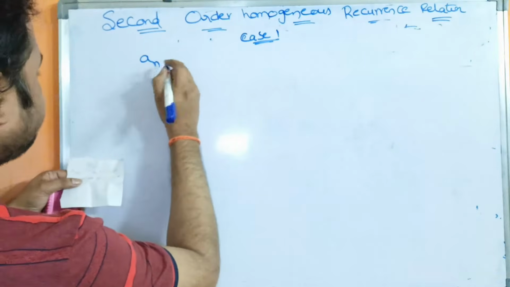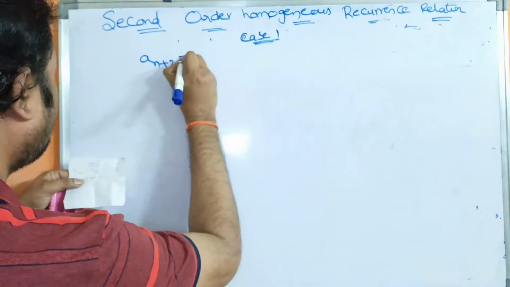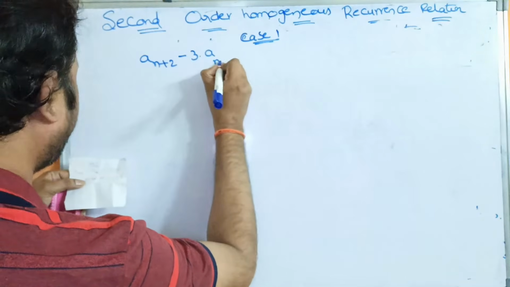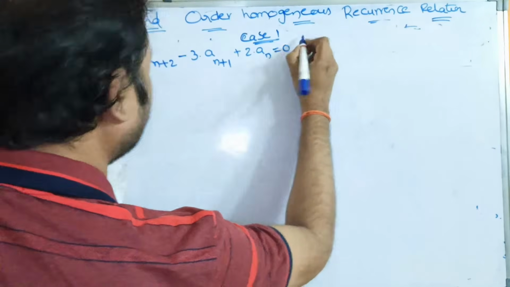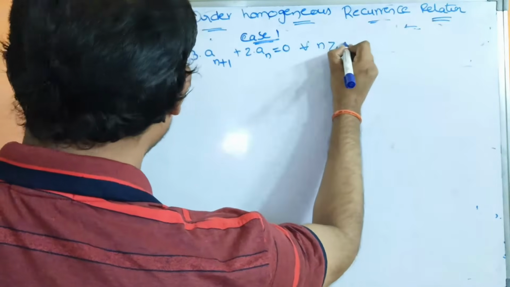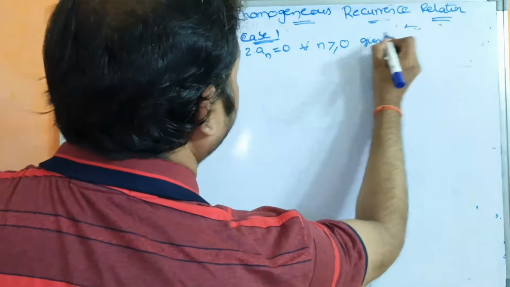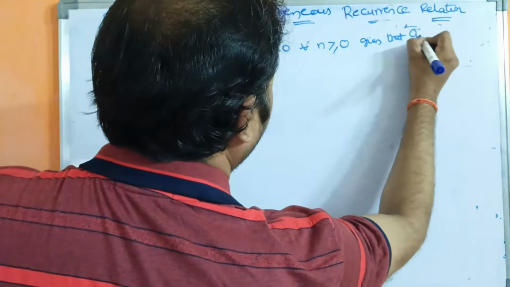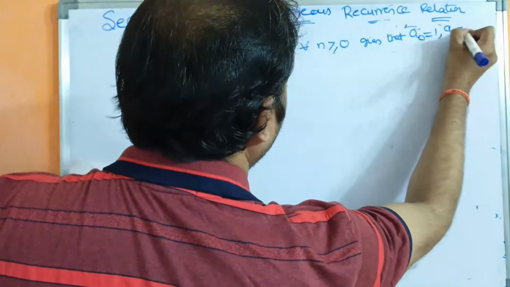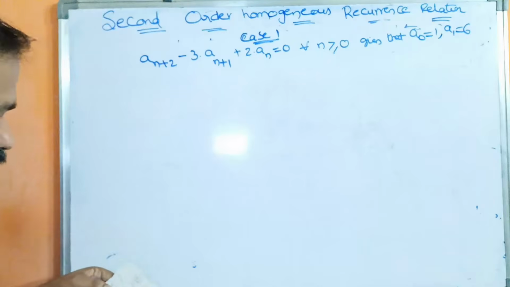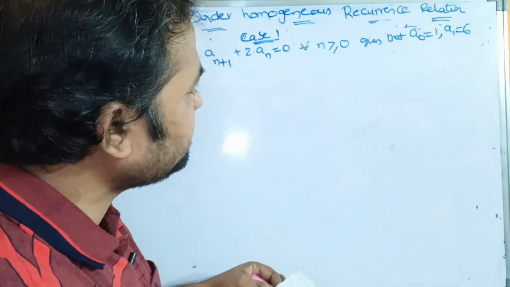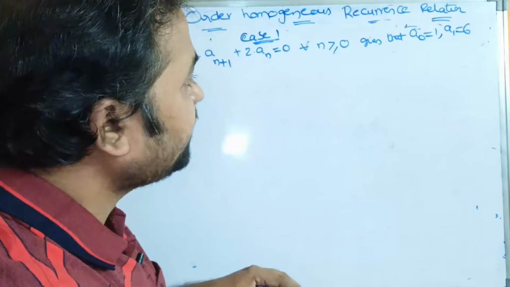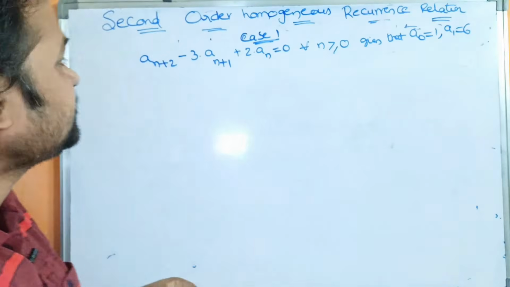So here the problem is like this: a_(n+2) minus 3 into a_(n+1) plus 2 a_n is equal to 0 for all n greater than or equal to 0, given that a_0 is equal to 1, a_1 is equal to 6.